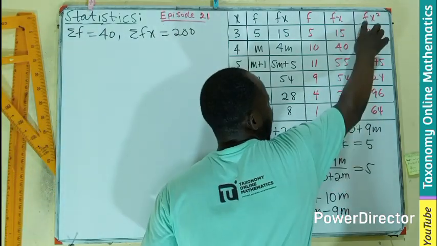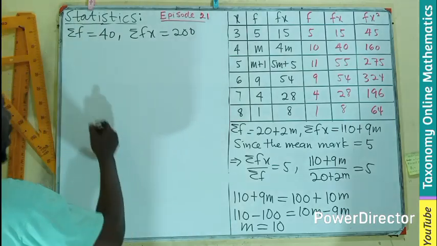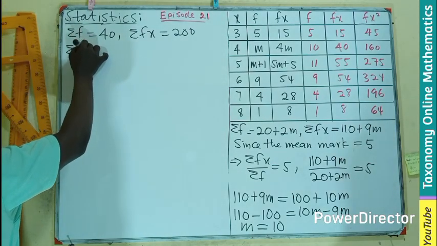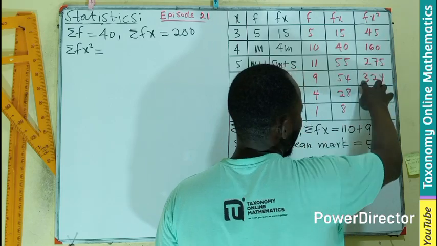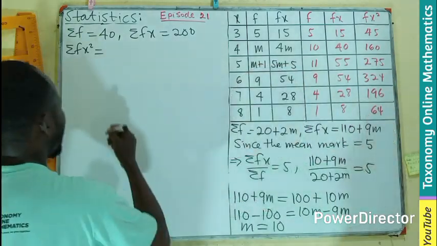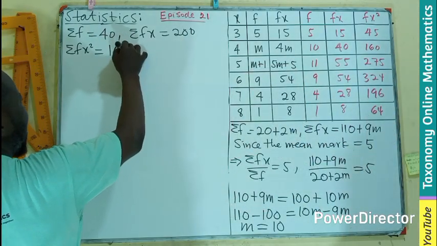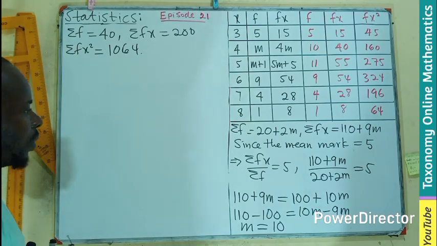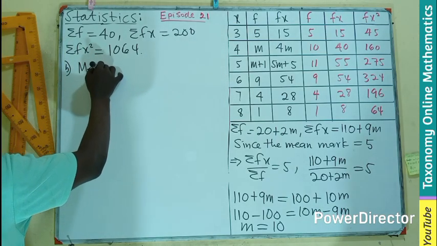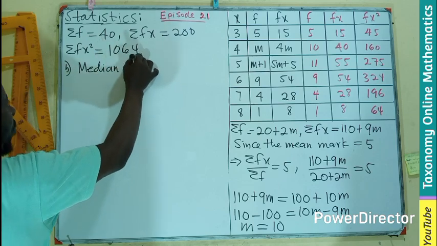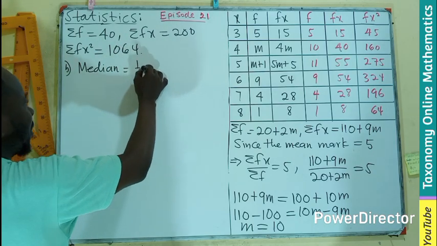What we actually need is sigma fx squared. So sigma fx squared, let's add everything in this column and see. That will give you 1064.